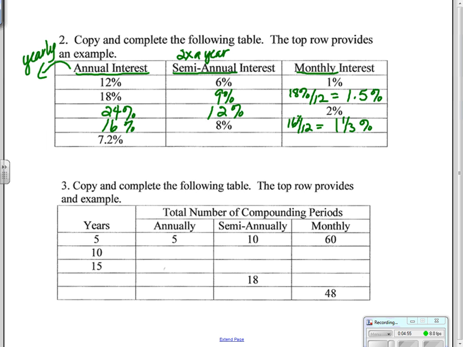So here's a more realistic one with a decimal in it. 7.2% annually would be 3.6% semi-annually. And monthly would be our 7.2% divided by 12, which is not even 1% per month, 0.6%.